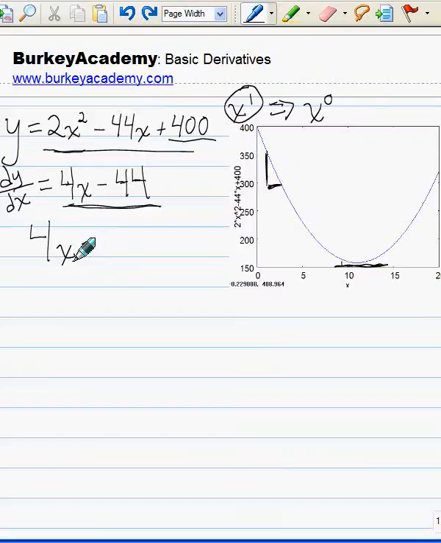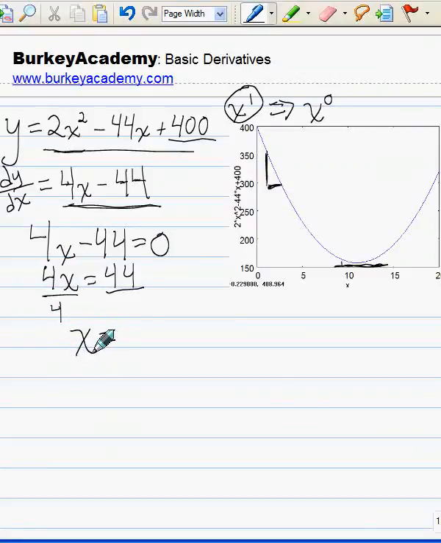Let me get rid of that. 4x minus 44 equals 0. What value of x is that going to be true for? Well, we can move the 44 over to the other side. 4x equals 44. Divide both sides by 4, and you're going to be left with x equals 11.